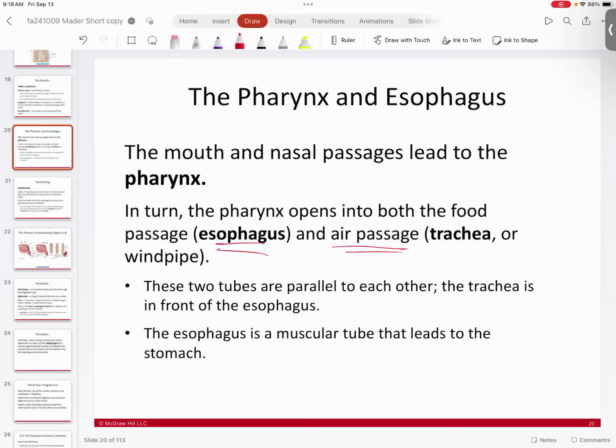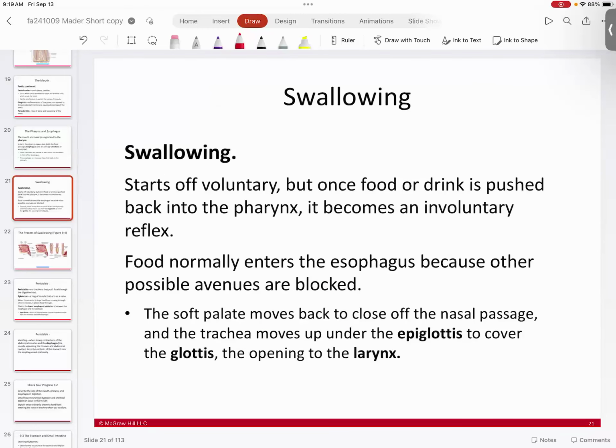These tubes are parallel to each other. The trachea is in front, and the esophagus is behind it. The esophagus is a muscular tube that's behind your trachea, so you don't ever actually feel it, but you can feel your trachea. If you feel the front of your throat, you can feel those little ridges. That's your trachea.